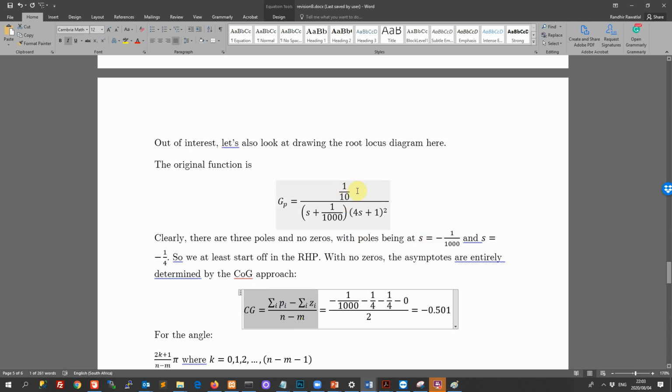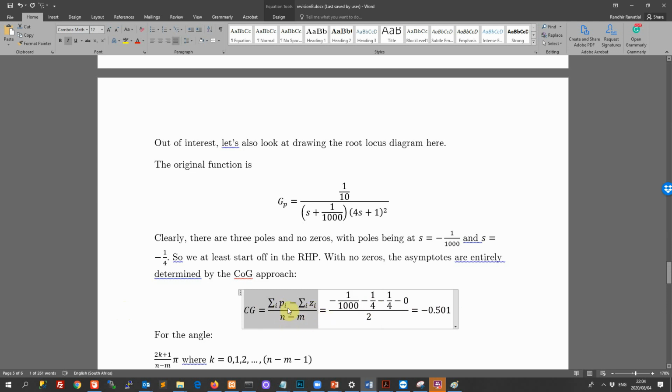Here we have no zeros, so we don't have to worry about figuring out which thing is going to go into which zero. So all the asymptotes follow some kind of center of gravity style approach, right? So the center of gravity, we work out the sum of the poles minus the sum of the zeros over n minus m.